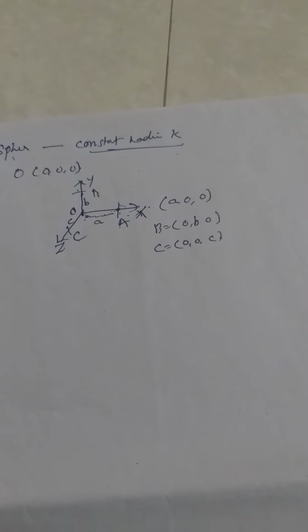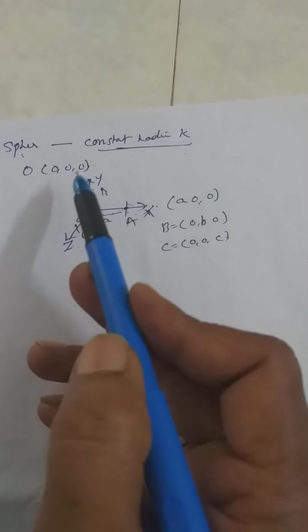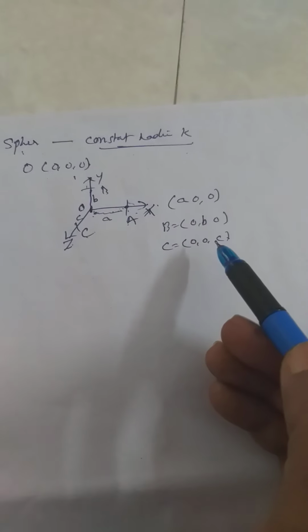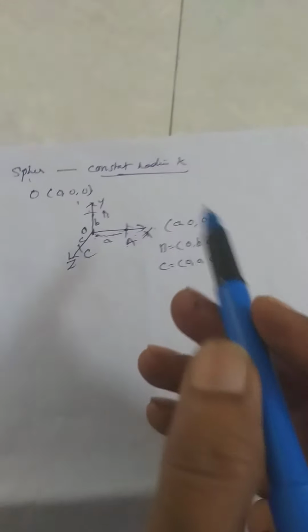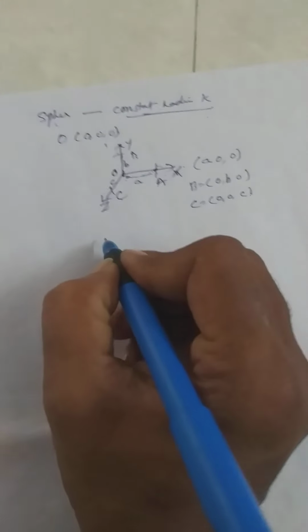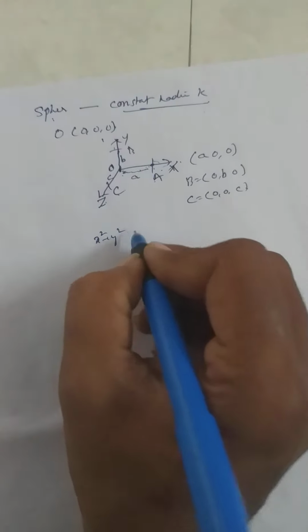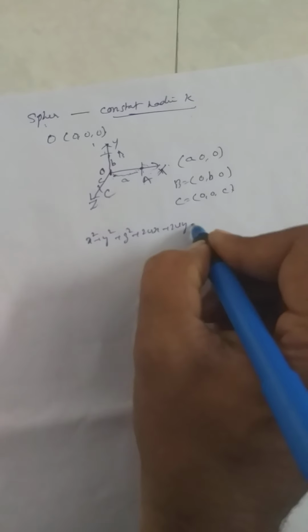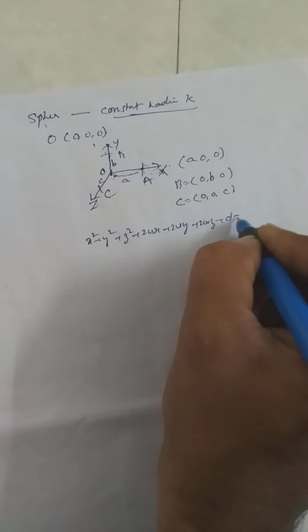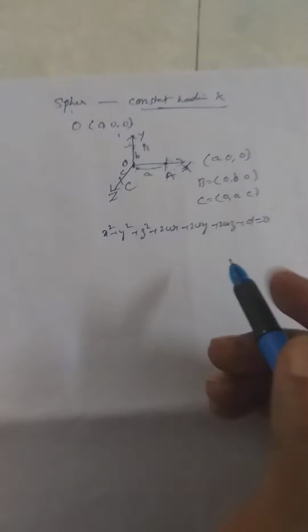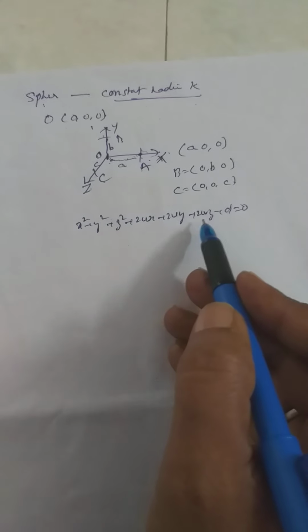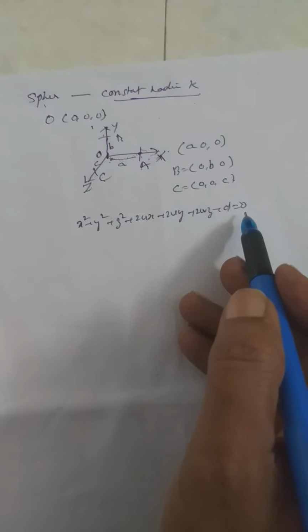Thus the required sphere is passing through the origin and also through the points A, B, C with constant radius k. Now we know the procedure. If you don't know the equation of a sphere, always let the equation of the sphere be the general equation. What is the general equation of the sphere? x square plus y square plus z square plus 2ux plus 2vy plus 2wz plus d is equal to 0.